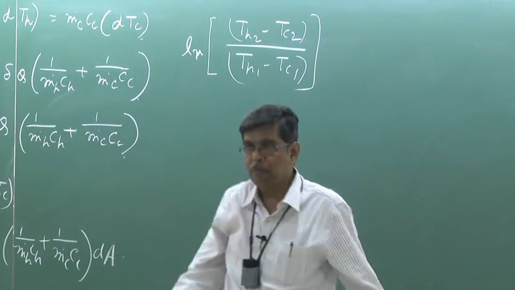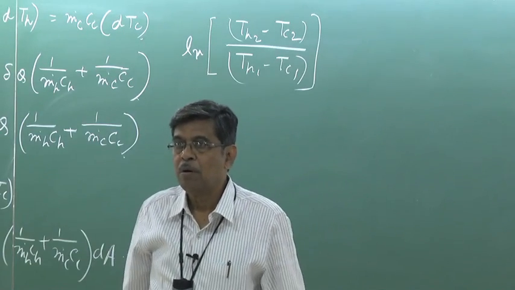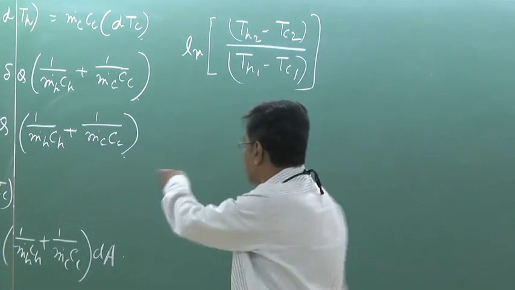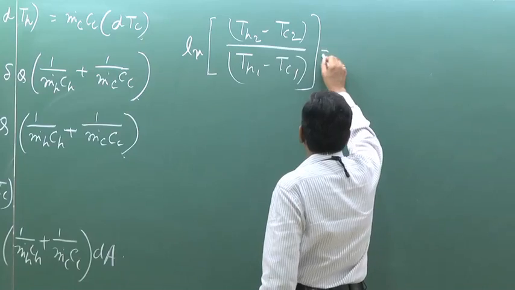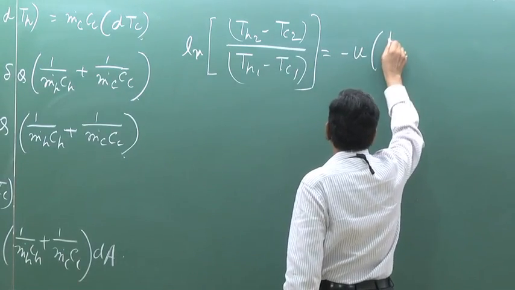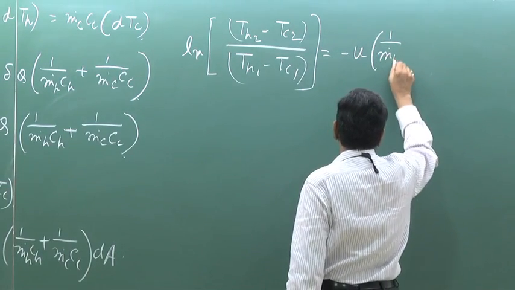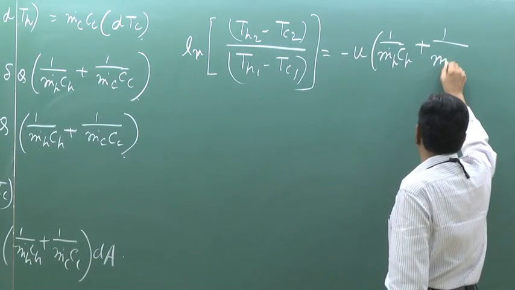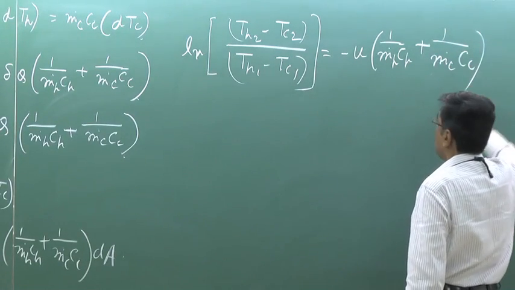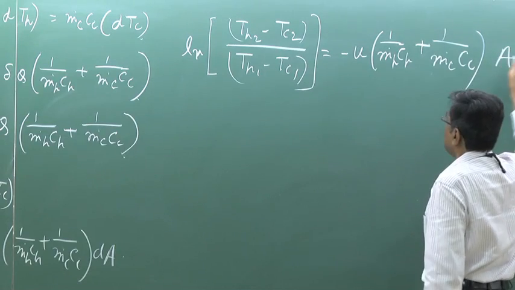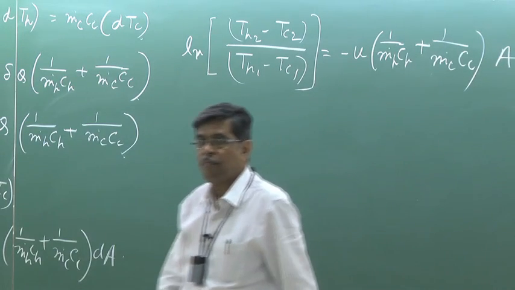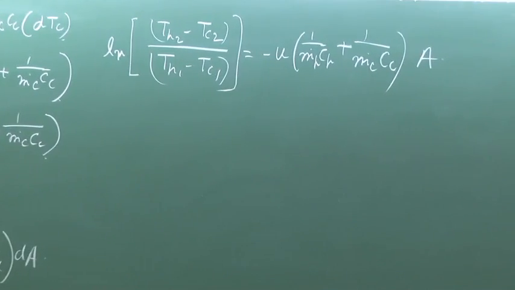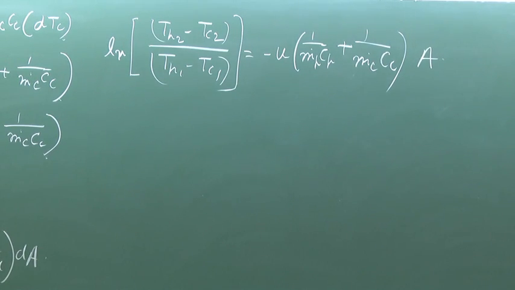Okay? Any problem you can ask me. And this side will be minus U (1 by m dot H CH plus 1 by m dot C CC) times area. Okay? So this is clear.